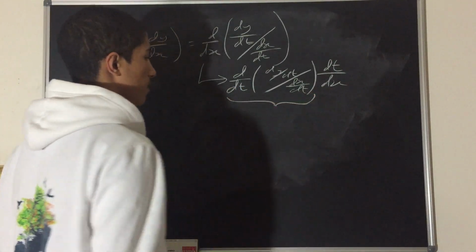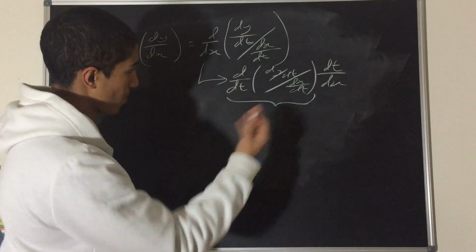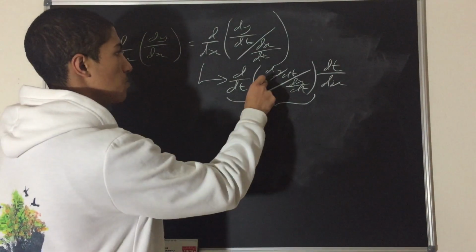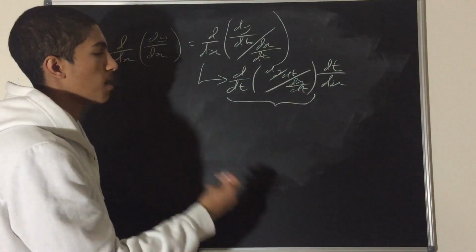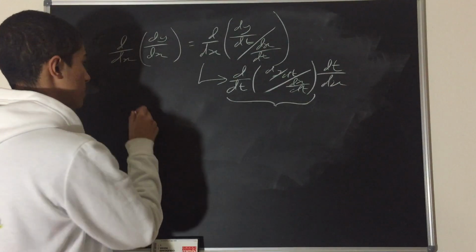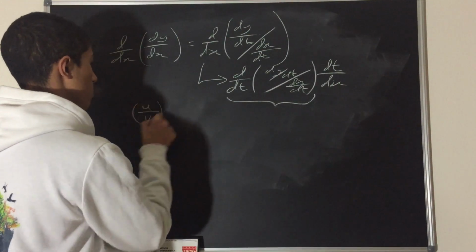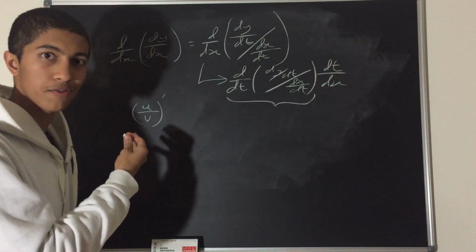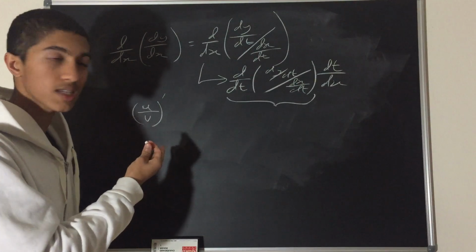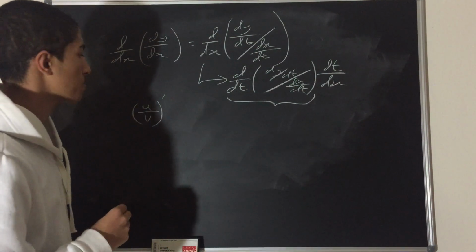And now what we're going to do next is we're going to try and solve this portion of our expression. And, well, how would we do this? We have dy by dt as the numerator, and we have dx by dt as the denominator. So it's essentially differentiating u divided by v whole prime. And this is the quotient rule of calculus. If you're not familiar with this, I urge you to look it up in a common calculus textbook, and you will know what I'm talking about.